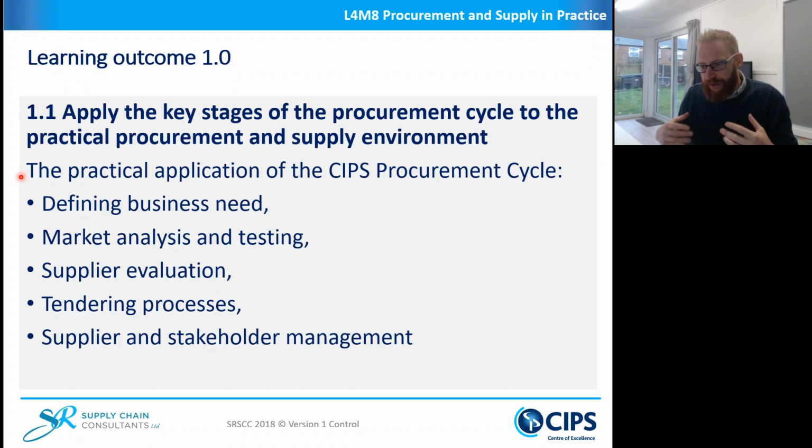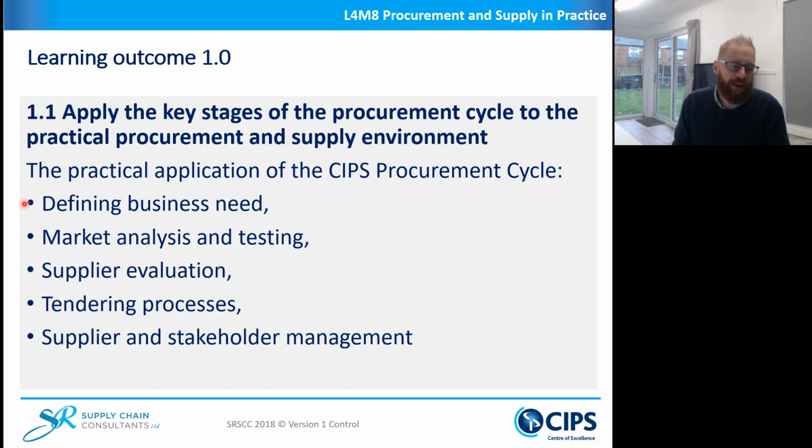But effectively, we're going to follow this process no matter what we're buying, whether it be fixed assets or current assets, capex, opex. What I'm trying to say is that it doesn't matter what you're buying, this is what we're going to be following. So let's start by going through each of these points.